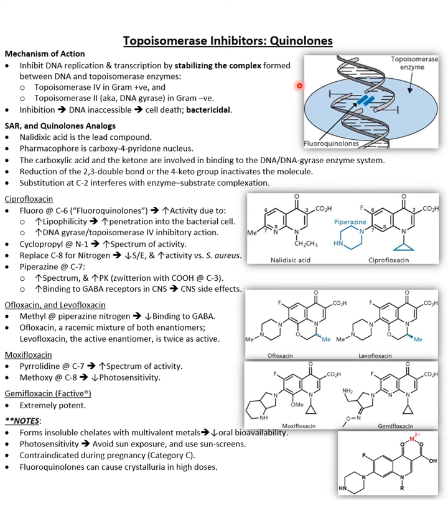Anyway, the quinolones form like an intermediate. They bind to both the DNA as well as the topoisomerase enzyme, and they attach themselves in between the DNA and the topoisomerase enzyme, and prevent the splitting or opening of the DNA, which is required for replication and transcription.